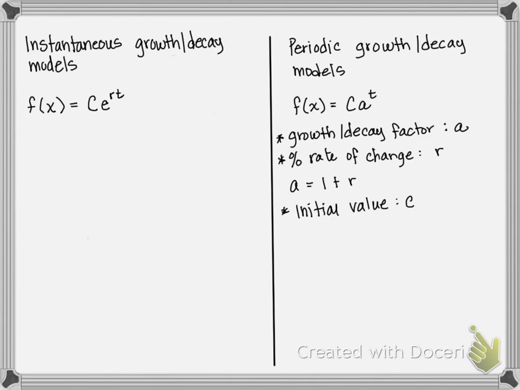But what I want you to notice is that the R is the same thing and the C is the same thing, regardless of which model we use. R is still the percent rate of change. And C is still the initial value.